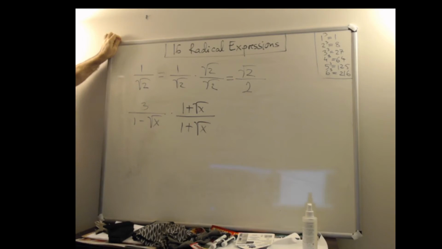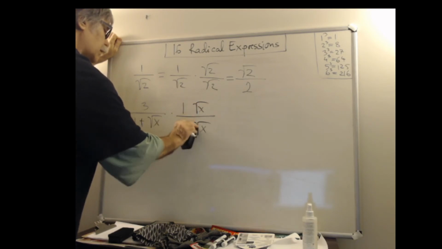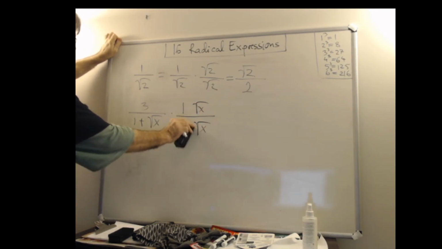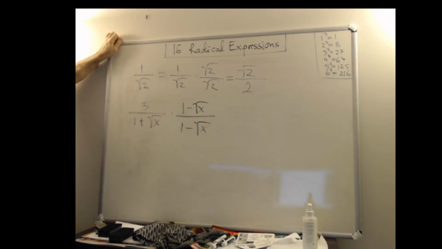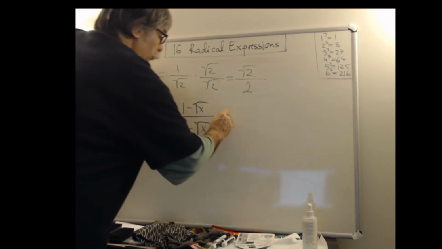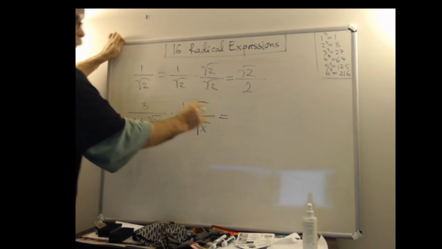Okay? Now if I have plus here, I would do exactly the opposite. I have minus here. And again I have a square. On the top I don't. So I have 3 times 1, 3 times this.